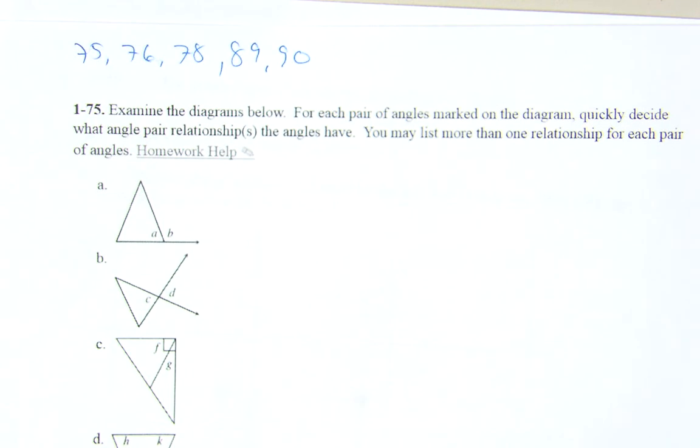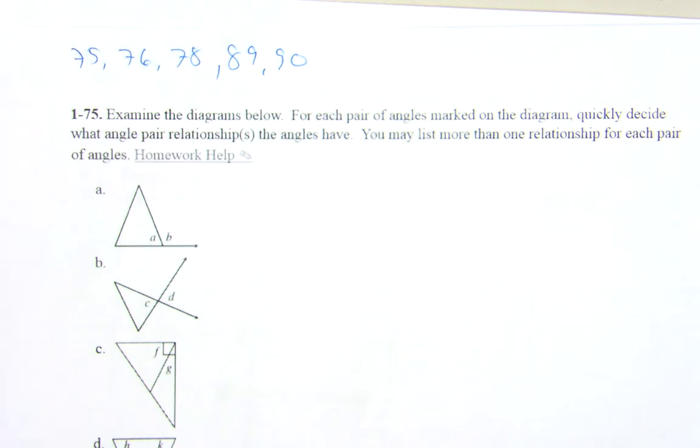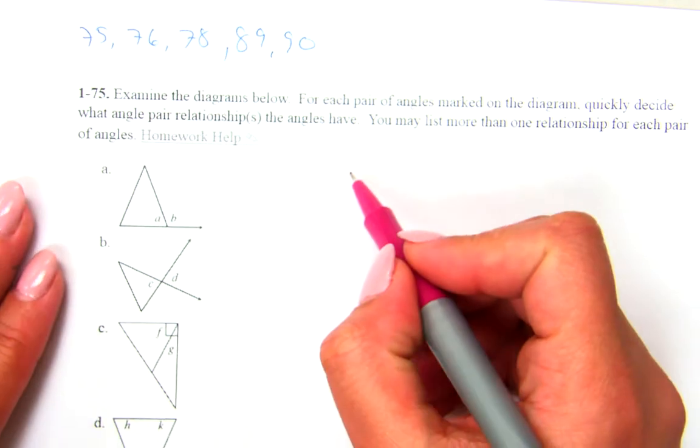So some of the ones that you should have had in this class or in the previous class are the following. So I'm just going to list them in order.